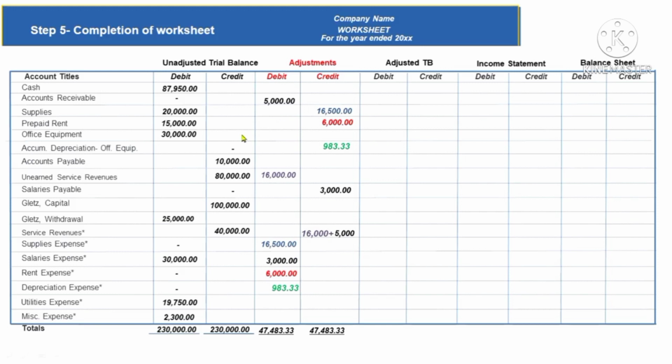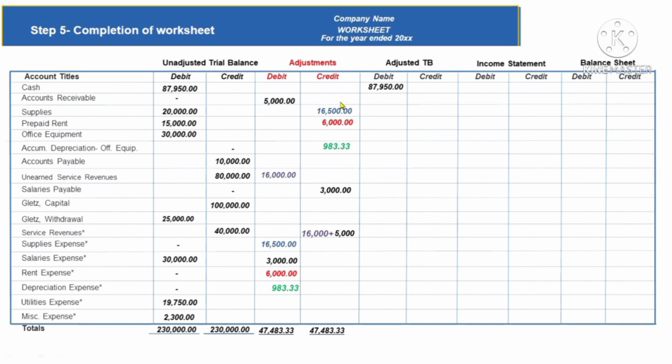Let's start with cash. So on the unadjusted trial balance, we have 87,950, and there are no entries in the cash in the adjustment. So you just need to copy this balance to the adjusted trial balance. So we have 87,950. On the accounts receivable, there is no balance in the unadjusted trial balance, but there is a debit entry on the adjustments.